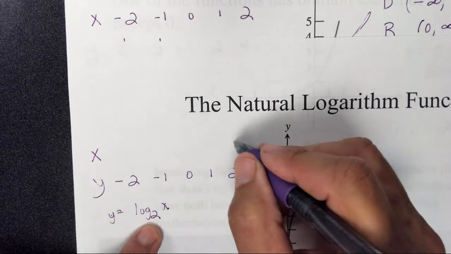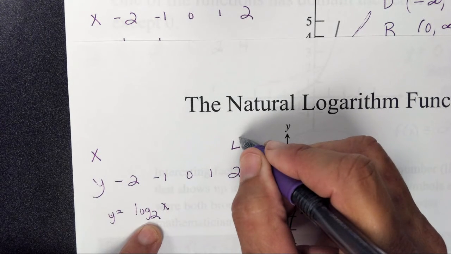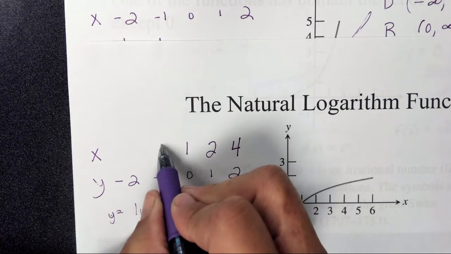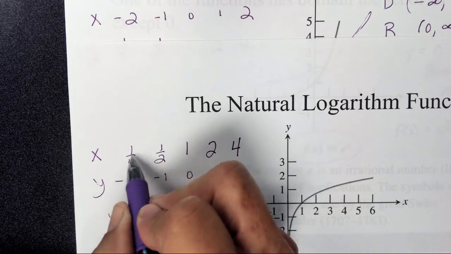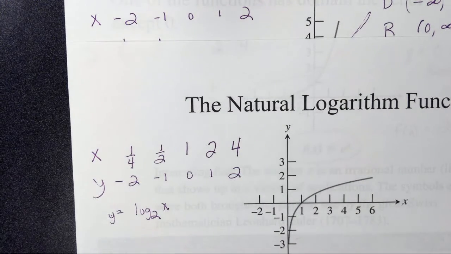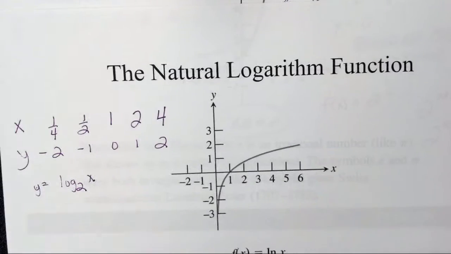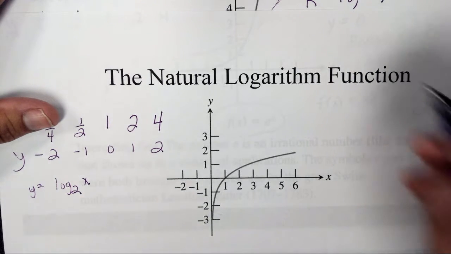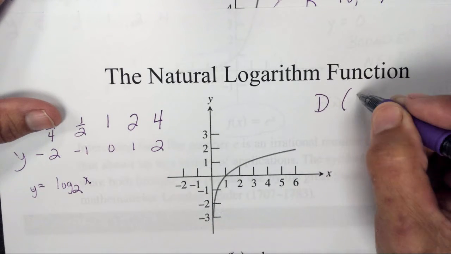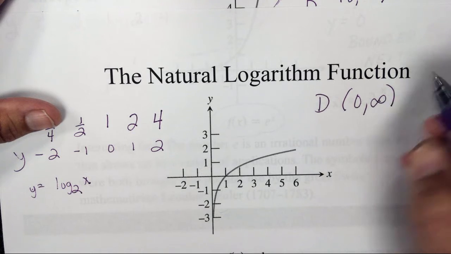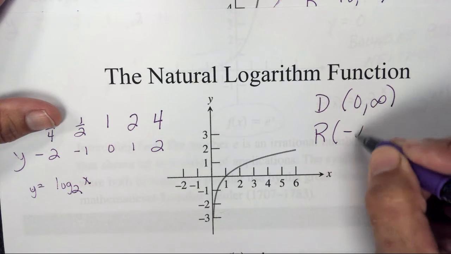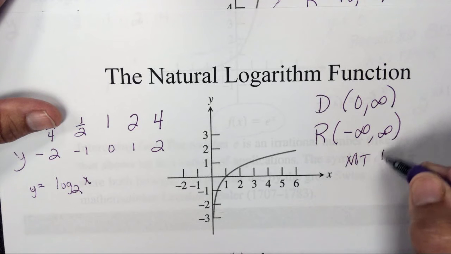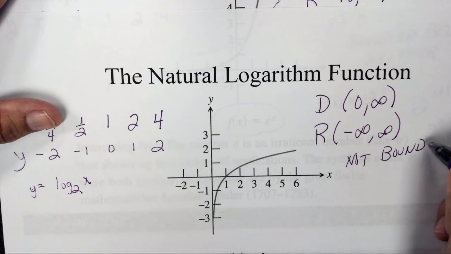So 2 to the second power is 4, 2, 1. So what would go here? 1/2 and 1/4. You're just flipping those around. But that also means you flip the who? Domain and range. So now my domain is bigger than 0. My range is, which means then it is not bounded because there's no restriction on the range, correct?